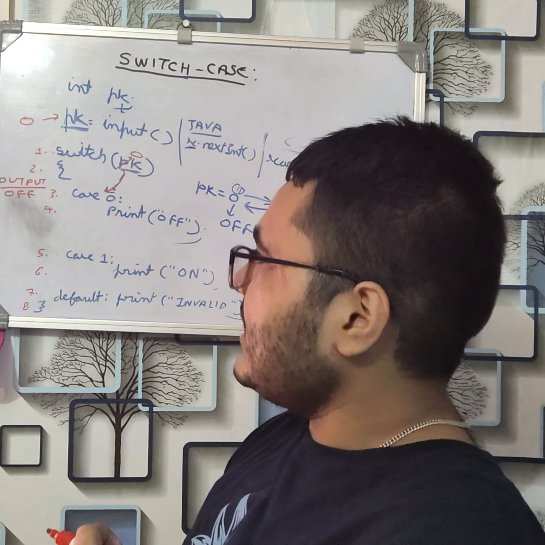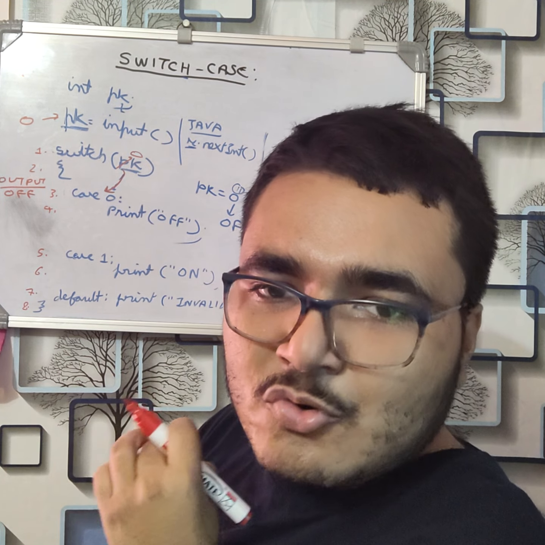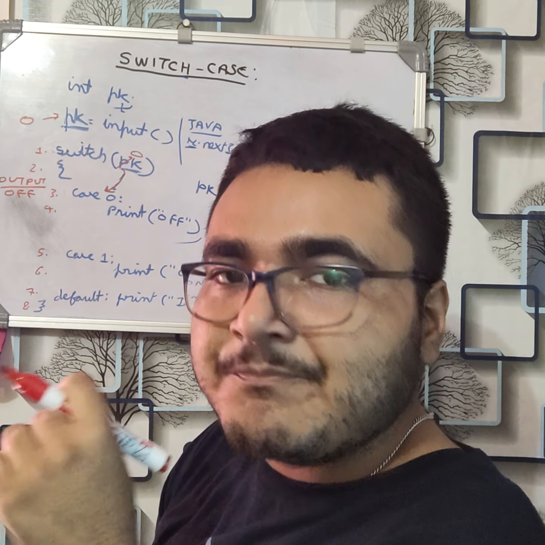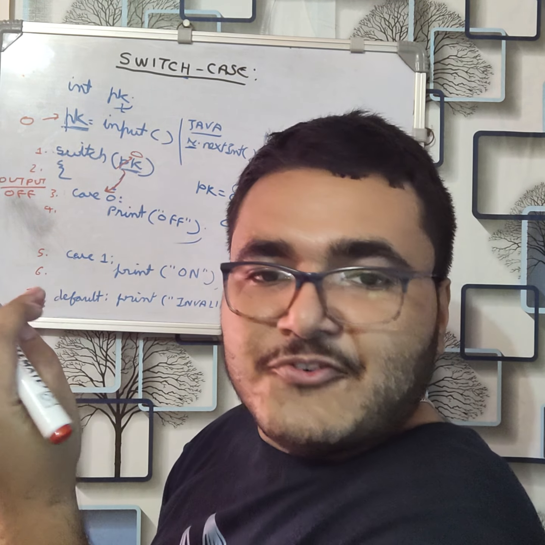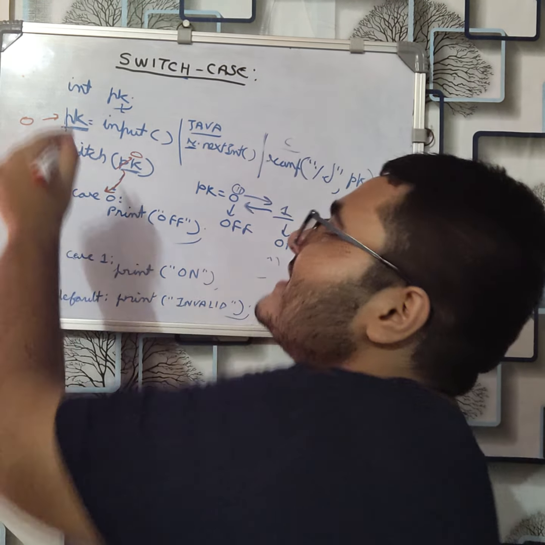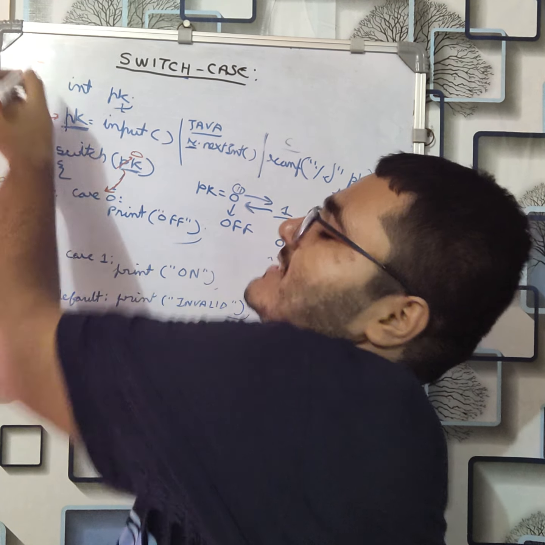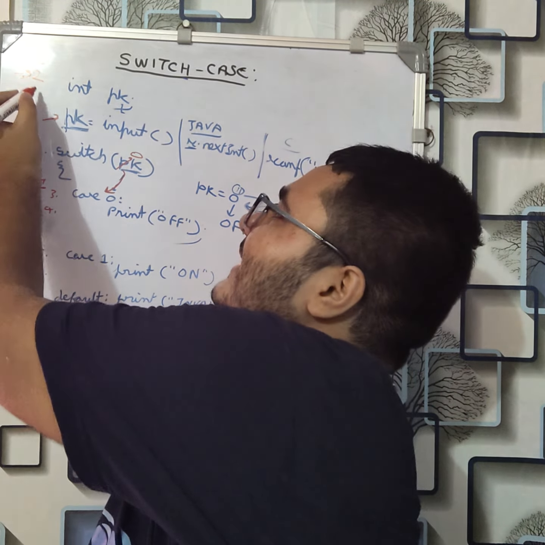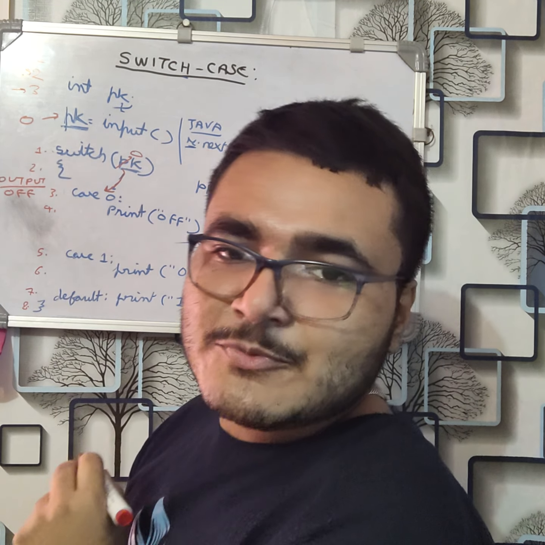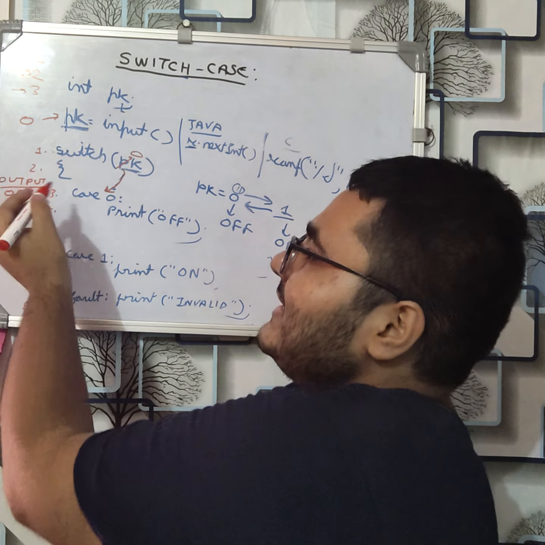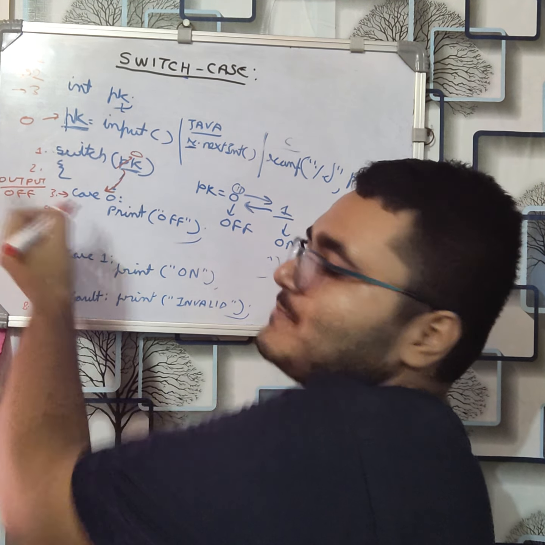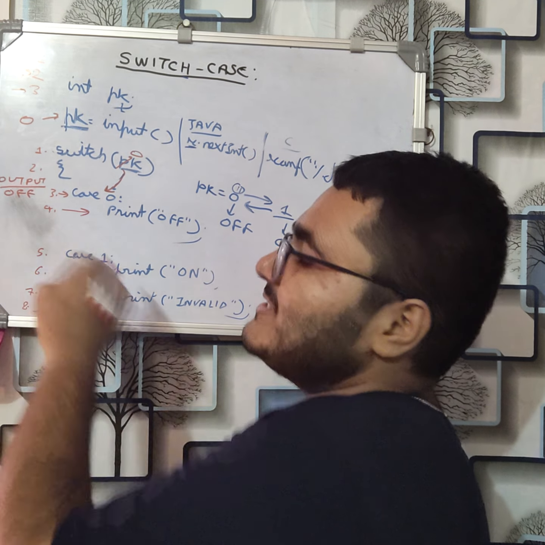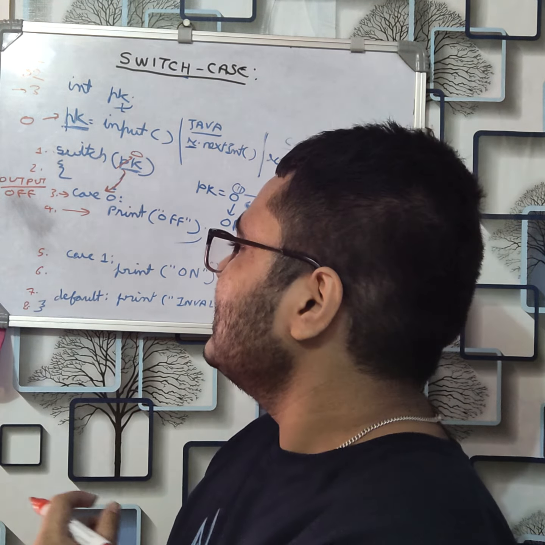If I write normal code in Java, C or C++, line number 1 is executed, then line number 2 will also be executed, then line number 3. Similarly, if case 0 has been executed, the print statement has also been done.